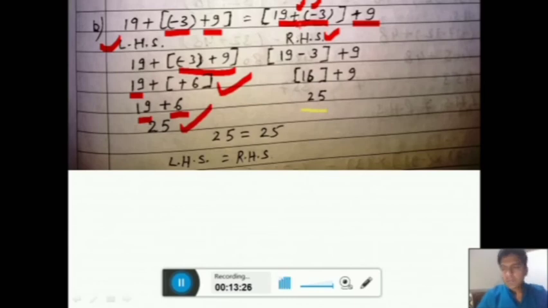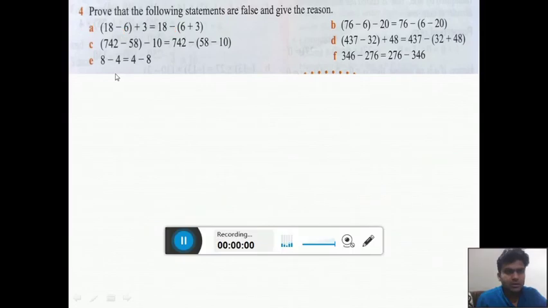So multiplying the signs, what will you get? Plus times minus is minus. So 19 minus 3 is 16. Now 16 plus 9 equals 25. So 25 equals 25, so LHS equals RHS. That we have verified.